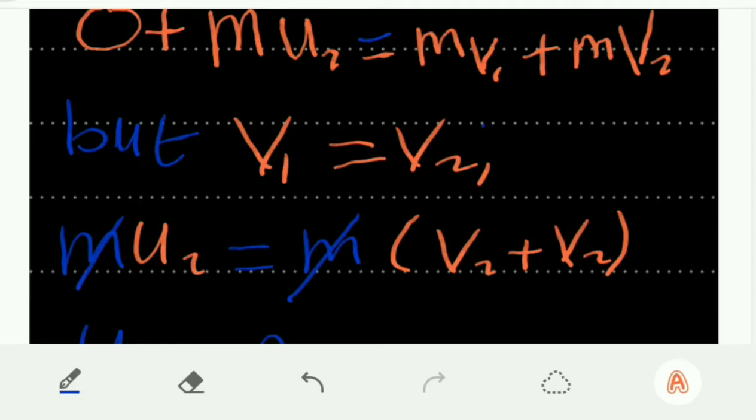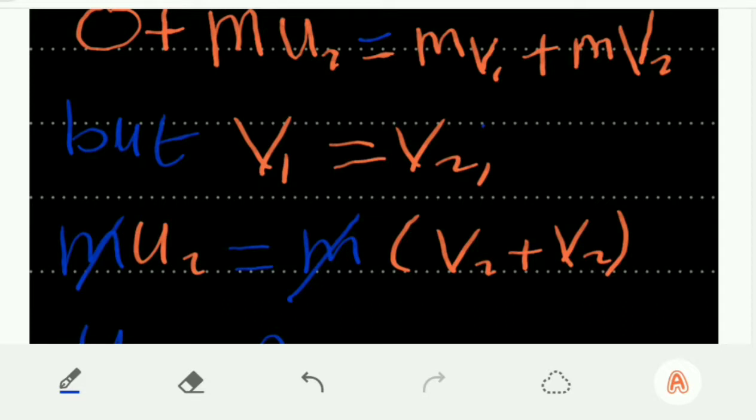I hope you're following. Here we're having v2 plus v2 because the v1 that we had is equal to v2. Meaning either v1 can be v2 as well, or v2 can be v1 as well.